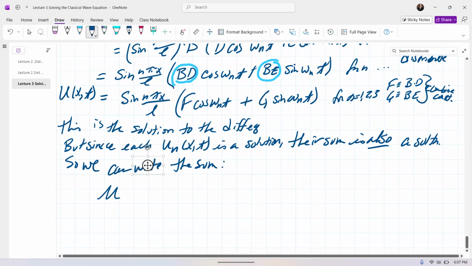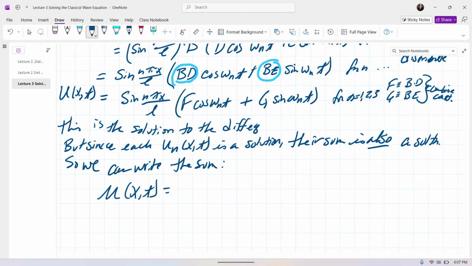U of x and t equals the sum from n equals 1 to infinity.